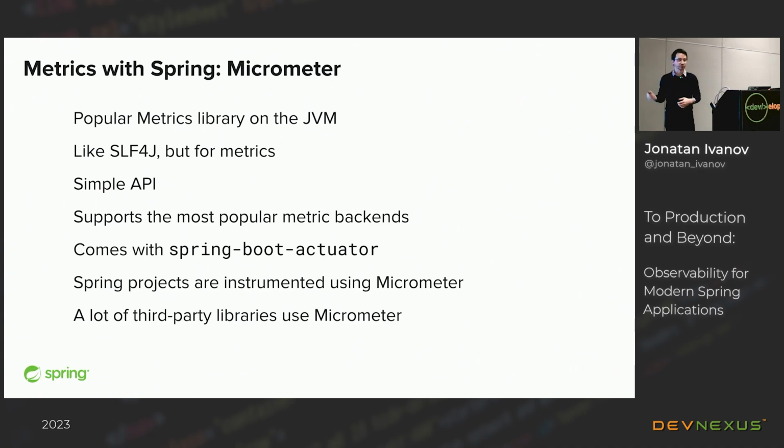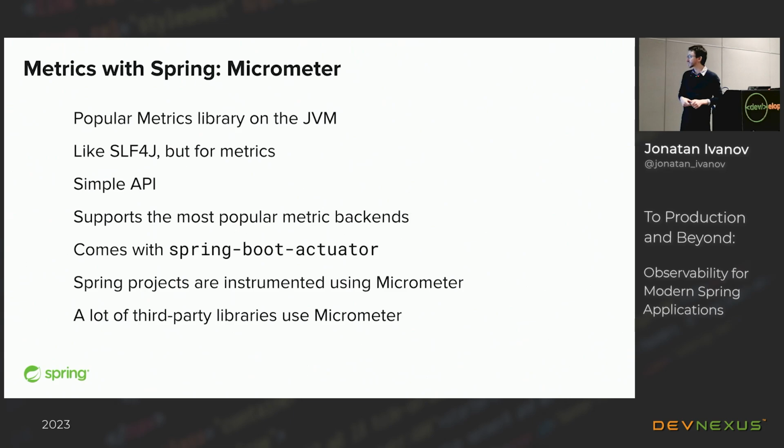Micrometer is the most popular metrics library on the JVM, and we like to say that it is like SLF4J but for metrics, because it has a simple API and it supports the most popular metrics backends you can have as of today. You can get it for free with Spring Boot Actuator, and you get auto configuration for that.